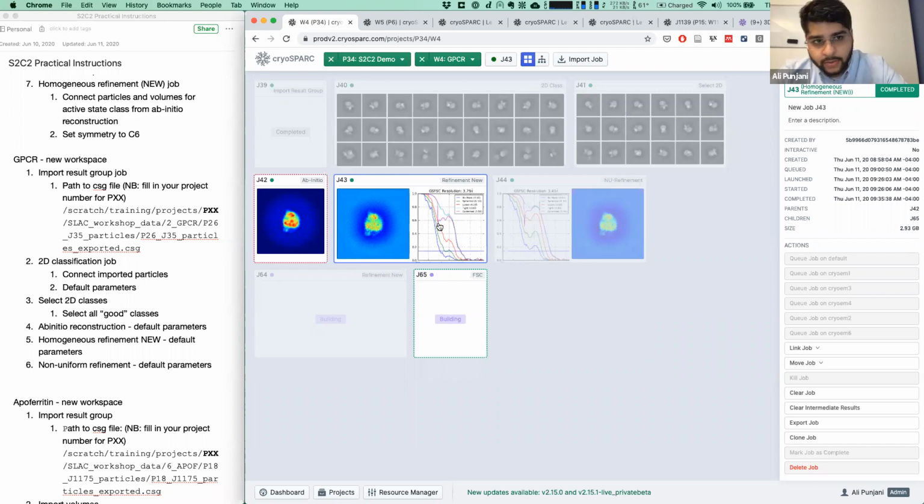In that case, non-uniform refinement again made a huge difference, but the thickness of the ice was really the crux of being able to do anything at all. It was only once they were able to prepare a sample with very thin ice, and in that case, the micelle helped a lot in aligning the particle overall. In that case, you have a lot of problems where if you just have a micelle and the protein is embedded inside, if the protein doesn't have a lot of structural features that are really unique, it's very easy to get the orientation of the whole thing wrong by 180 degrees.